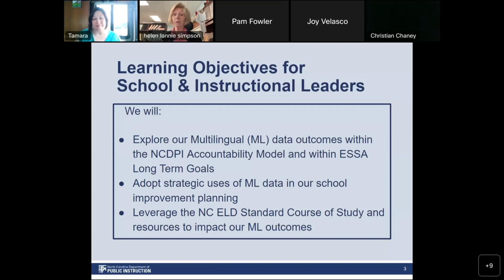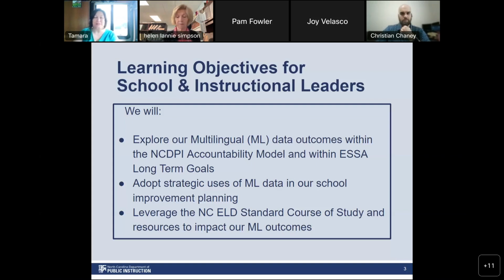We'll look at some of the resources that DPI has developed to go with the standards and to assist in implementation, and how you can use those to impact your data outcomes.